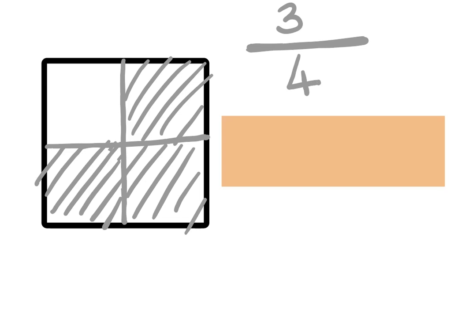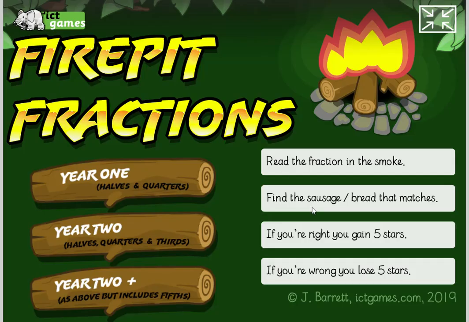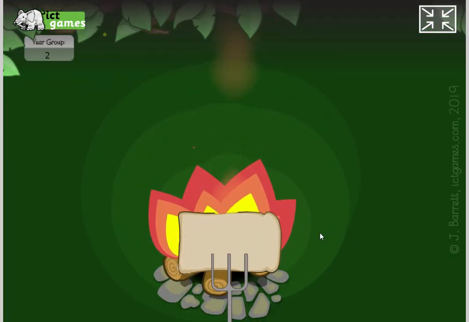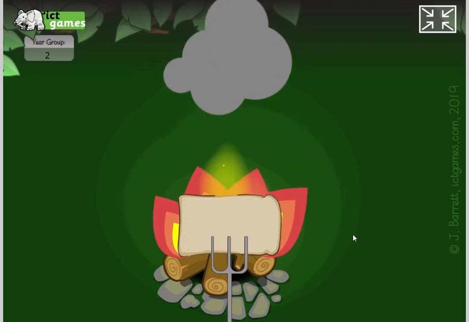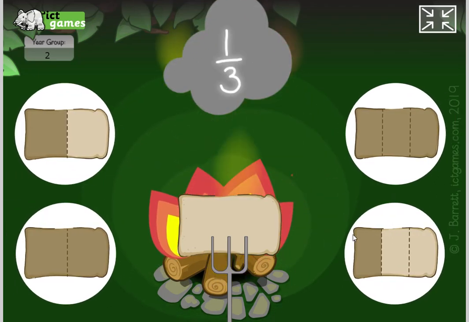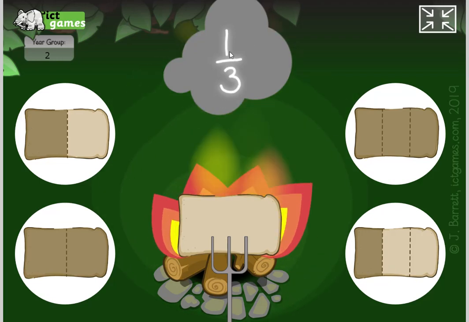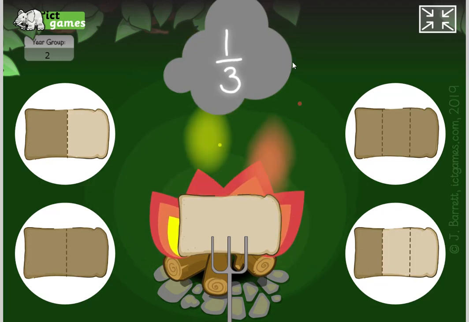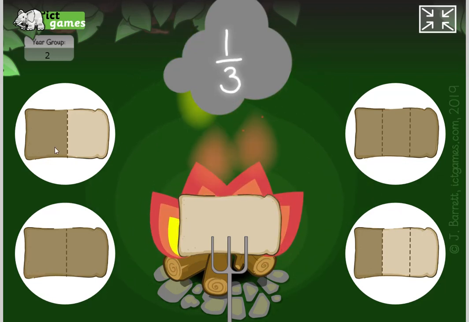Here we go. Let me find a game. Okay, this is the year 2 one. Now, you've not seen this one before, but I bet you can work out what it means. 1 part of a shape that was cut into 3. Is that cut into 3?